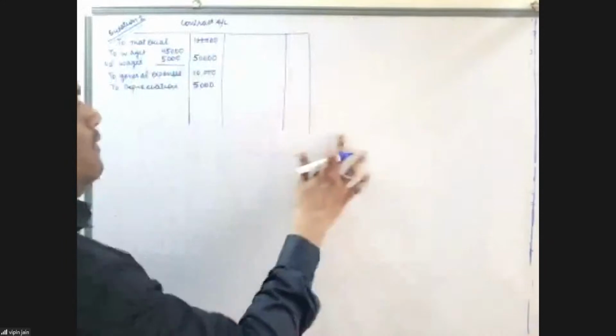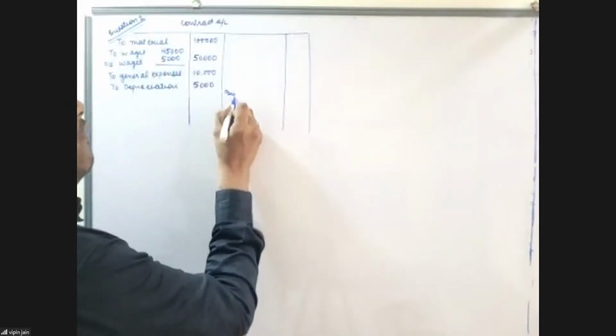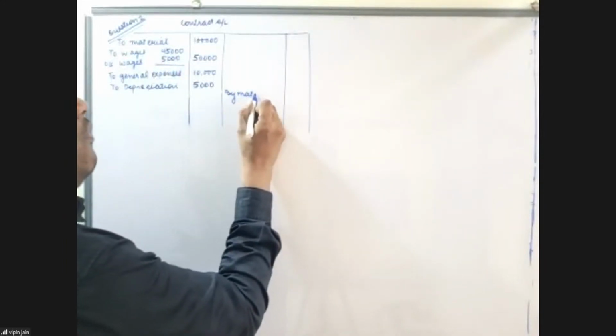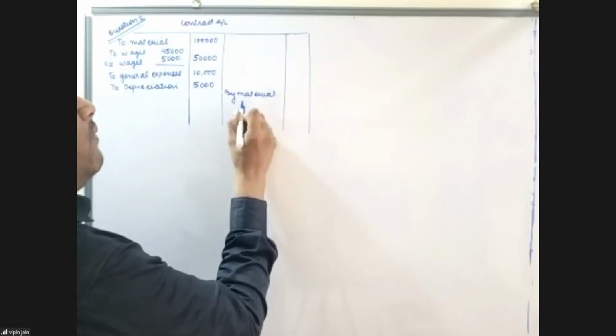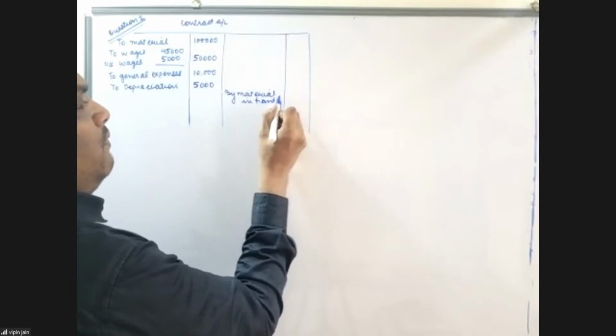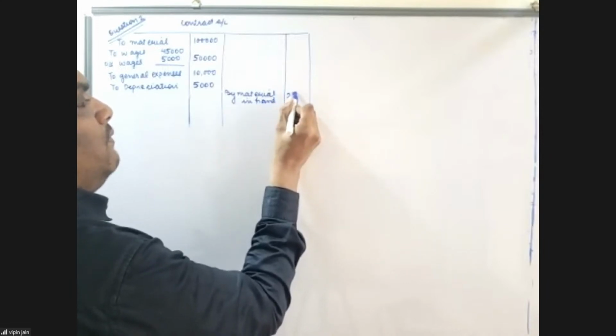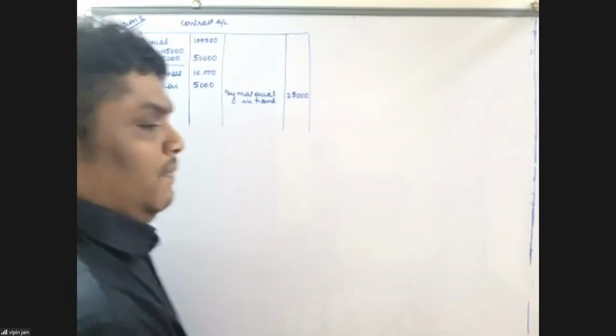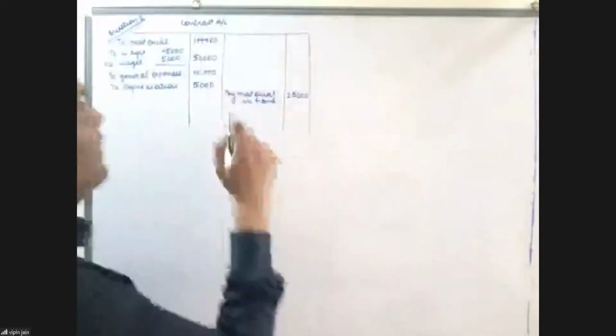Further, material on hand is 25,000. By work certified and by work uncertified.